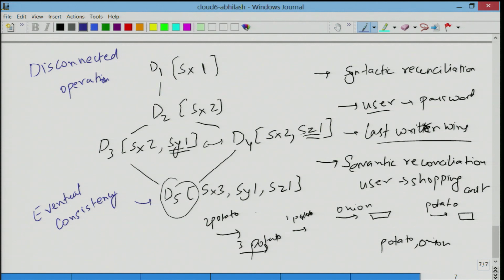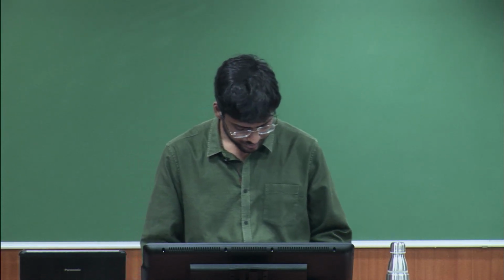The idea is we are not immediately consistent, so we may be inconsistent for a while, but hopefully eventually we converge. So eventually we are consistent. So for many systems, whenever you want availability, you may want eventual consistency.